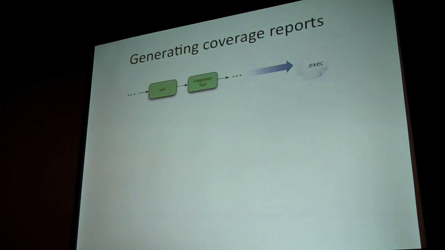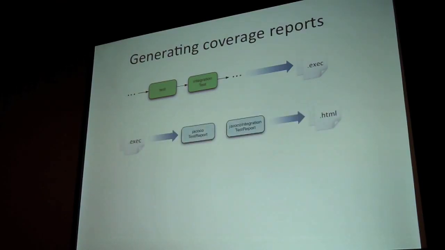So how does JaCoCo generate the reports? Usually in the first step, whenever you run your test tasks, in this case for us it's test, which comes from the Java plugin, and the integration test task, which we defined, it automatically hooks into it, and after they ran, it creates so-called exec files. Just binary files which contain the coverage metrics. That doesn't really help you as a user. Well, you want to see some sort of HTML file.